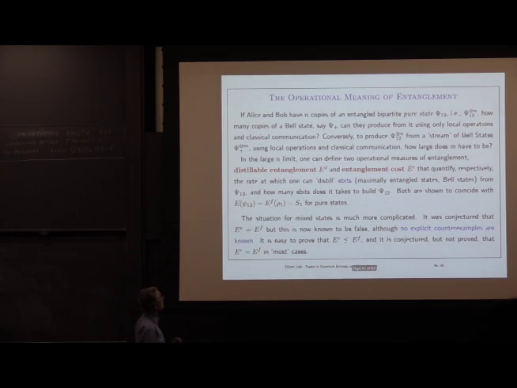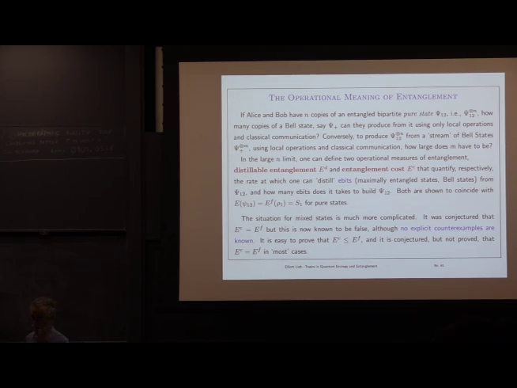Now we'll go forward. I want to discuss the operational meaning of entanglement, and I want to discuss this from the point of view of statistical mechanics eventually. Suppose Alice and Bob have n copies of an entangled state.